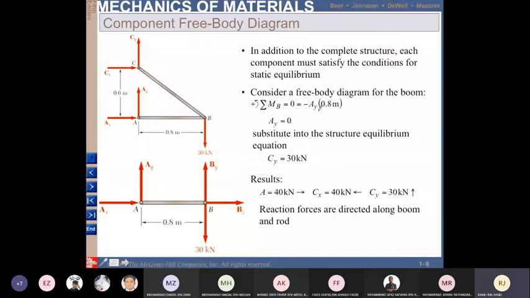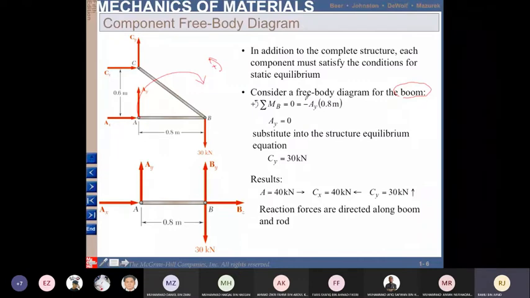So you try to solve the free body diagram for the beam. The summation of all moment at point B is equal to 0 when it is in equilibrium. If you consider this as positive and this one is going in the opposite direction, you get negative.